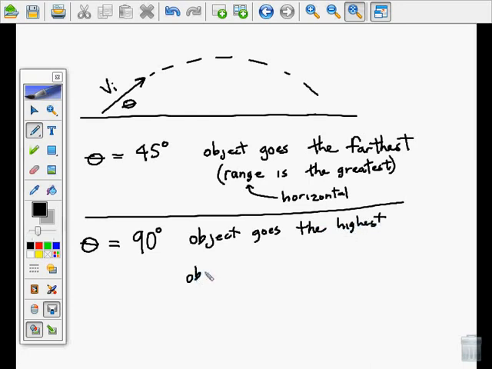And object is in the air the longest. So at 45 degrees, the object goes the farthest. At 90 degrees, it goes the highest, and it's in the air the longest.